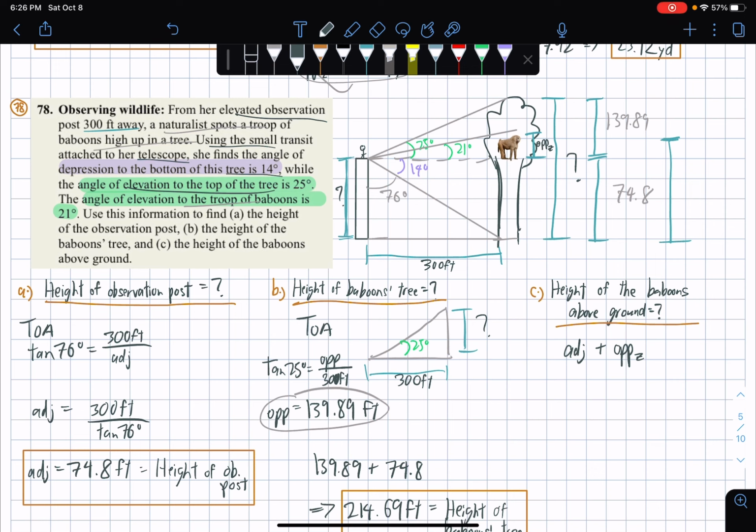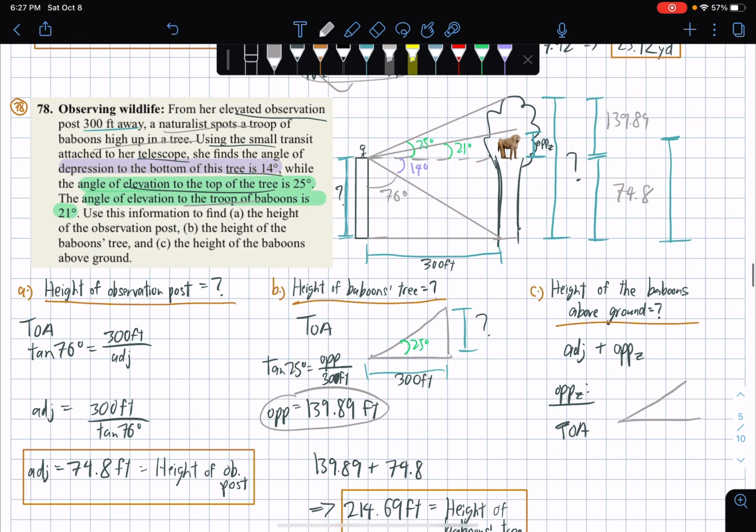We don't want to make things confusing, but at the same time, we want to familiarize ourselves with what we're actually looking for. So just assume that this is opposite sub Z. So what you have to deal with right now is, how are you supposed to find opposite Z? Of course, we still use TOA, since if we draw the triangle again, it's going to look like this.